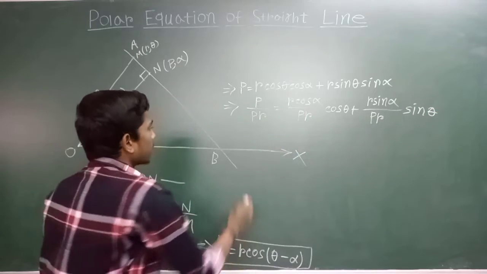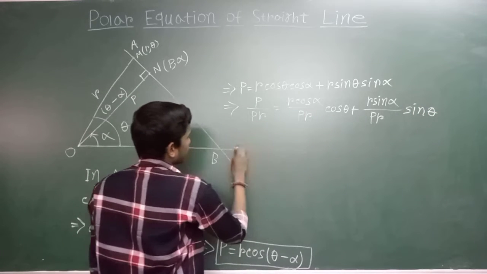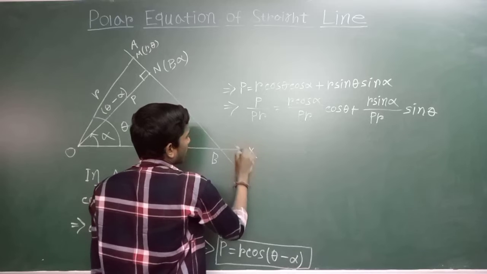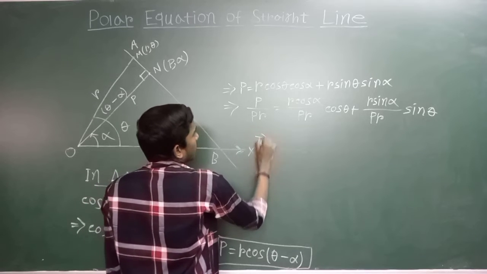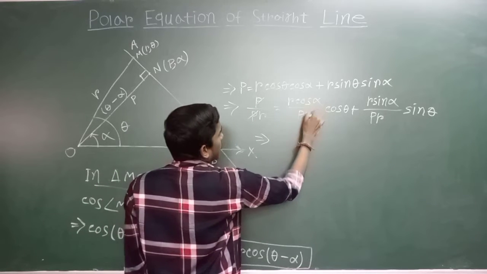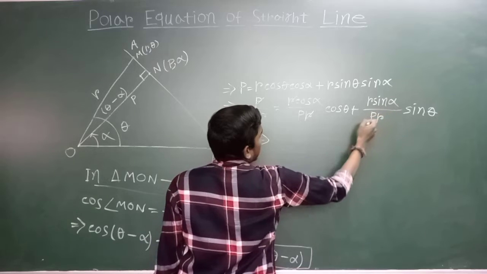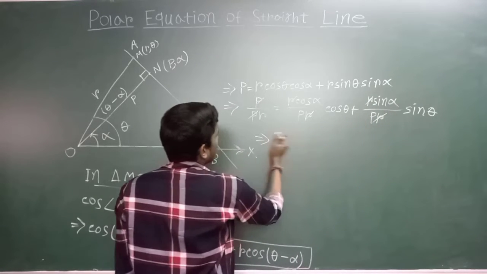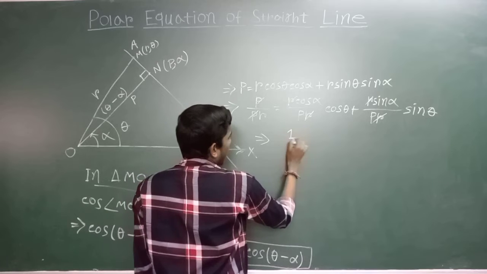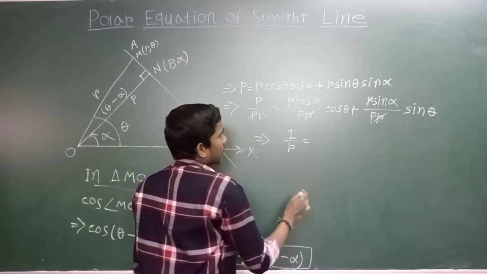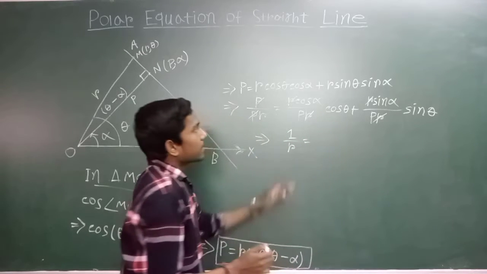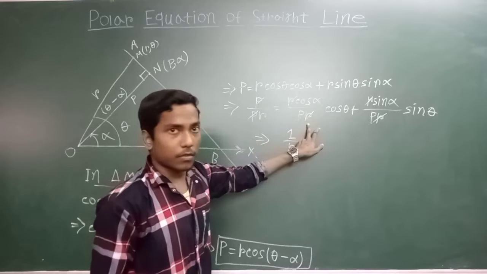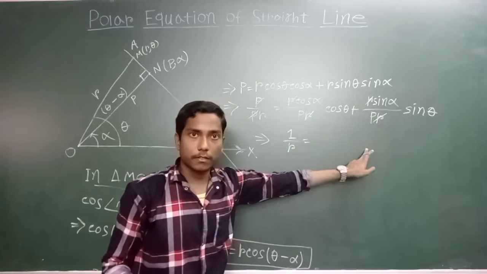Now r cancels, then we get 1 by r is equal to, now see, cos alpha by P is a constant and sin alpha by P is also a constant.